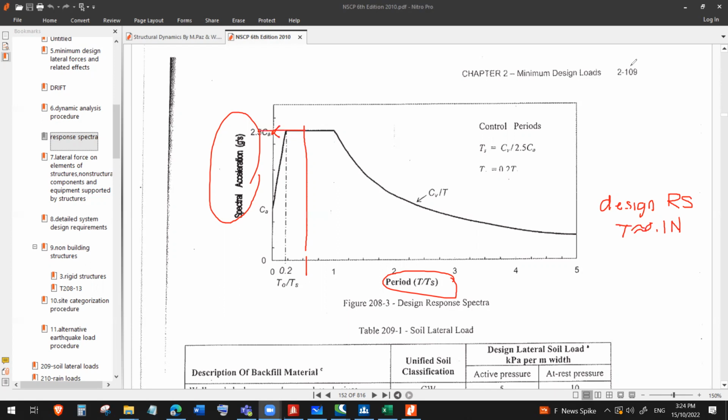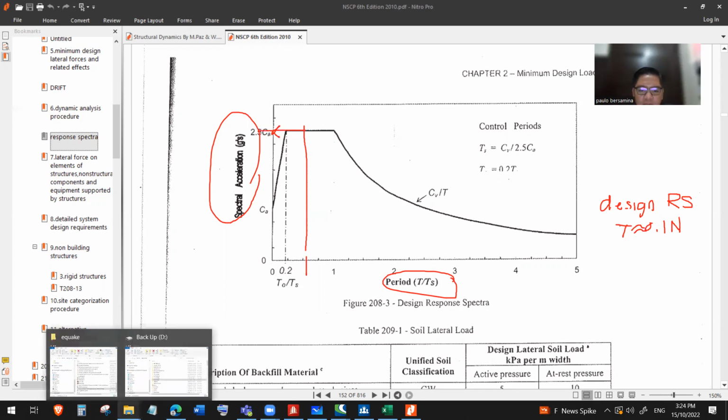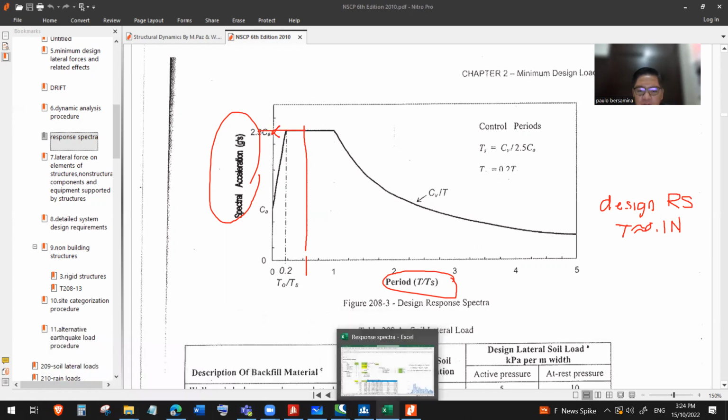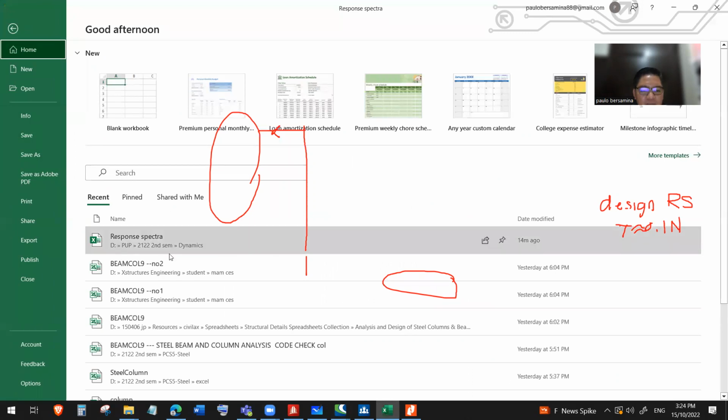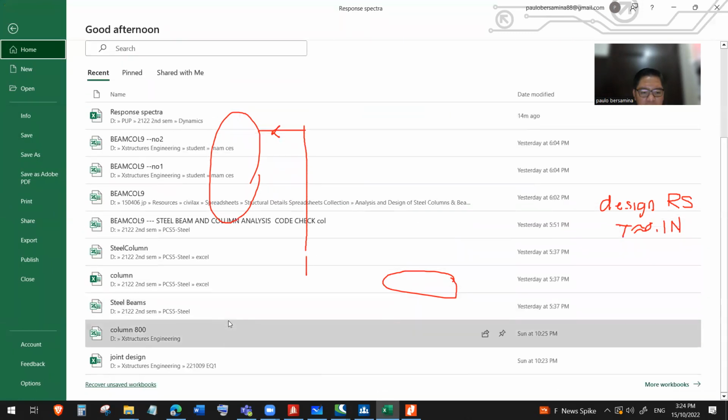Okay, and also meron akong pinakita before, sample response spectra dito yan.